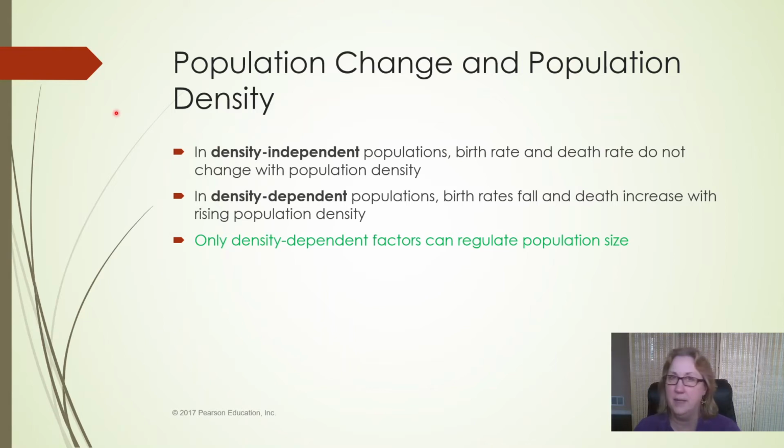So things like climate, droughts, fluctuation in food availability that's not based on this particular species eating that food resource, those would be density independent. For density-dependent populations, as the population increases, those constraints will tend to decrease the birth rate or increase the death rate, or both.